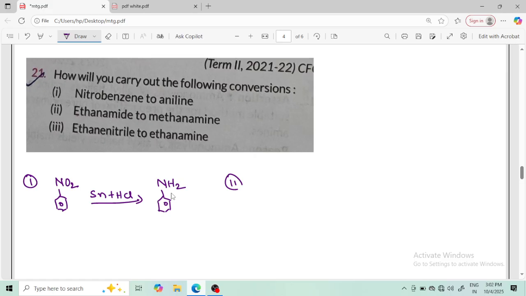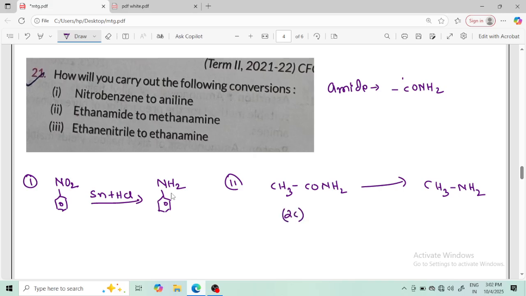Then they are asking how to convert ethanamide to methanamine. What is ethanamide here? Amide stands for CONH2, yes or no? Ethane means two carbons, one carbon from the alkyl part and another carbon from the amide, and it is changing to methanamine. Methane means one carbon and amine means NH2. So here the total carbon is 2 and here the total carbon is 1.